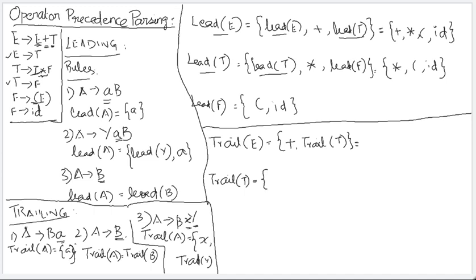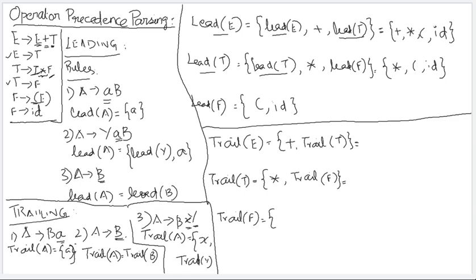So what is trail of T? It has two productions. In the first production, the trailing element is capital F. It's a non-terminal, and before that you could find the terminal symbol. So include the terminal as well as that trailing element, that is capital F. Now you have to find trail of F. F also has two productions.